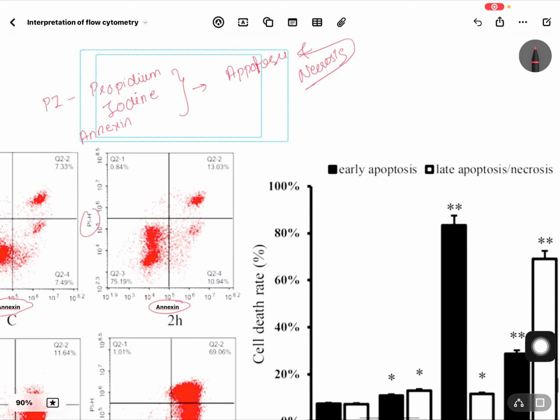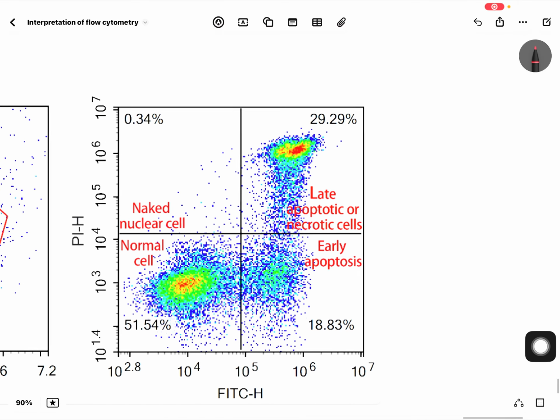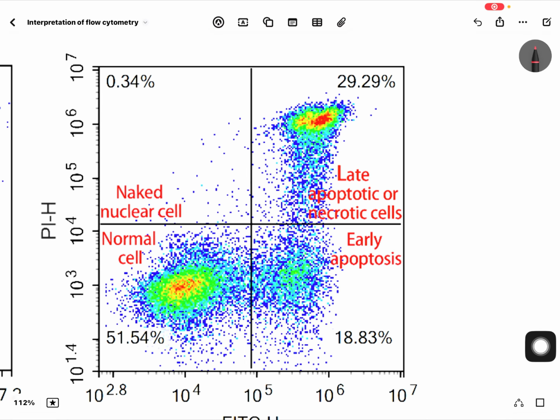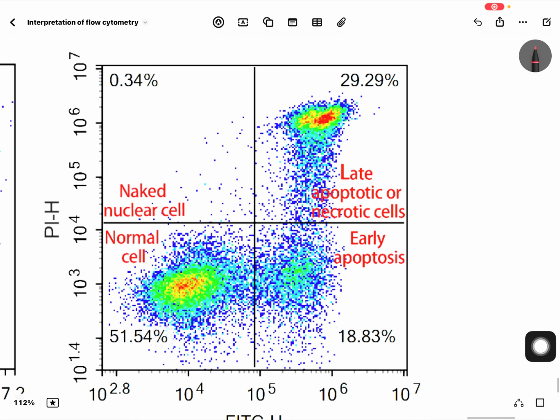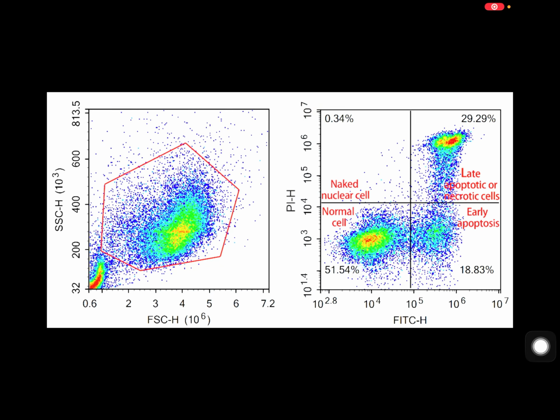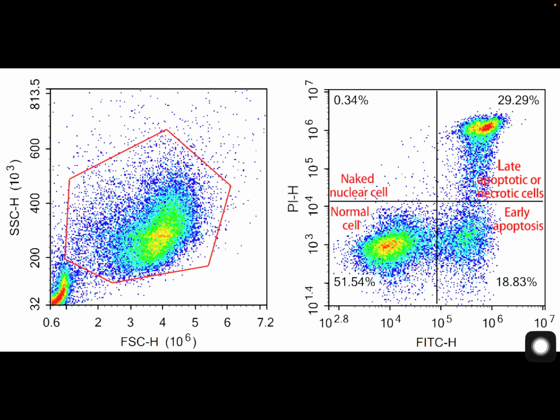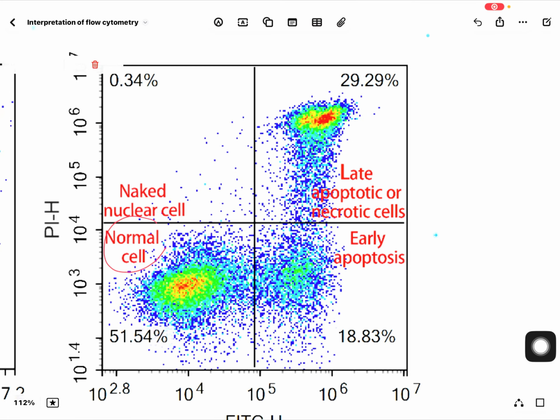So how do we see that? Let me give you this example. We divide it into four quadrants. This one shows the late apoptotic cells. This quadrant tells you about the normal cells.